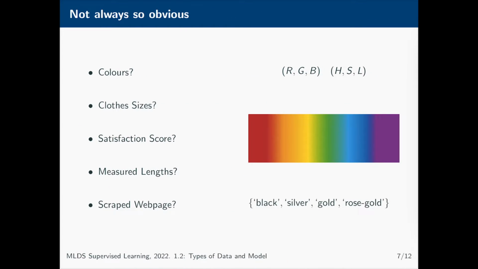It's not always so obvious what type of data we have. There are lots of different examples that, depending on context, could be discrete or continuous, and several different flavours of each of those. We'll focus on the idea of colour here. Here we could have them encoded as discrete data types, where we have the RGB, the red, green and blue values for that colour, taking values anywhere between 0 and 255.